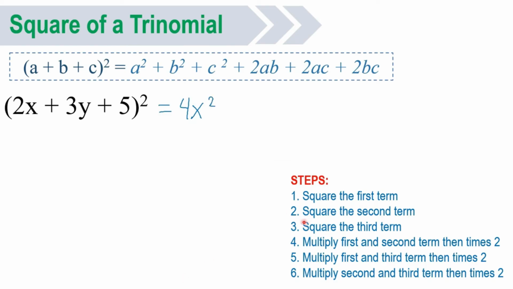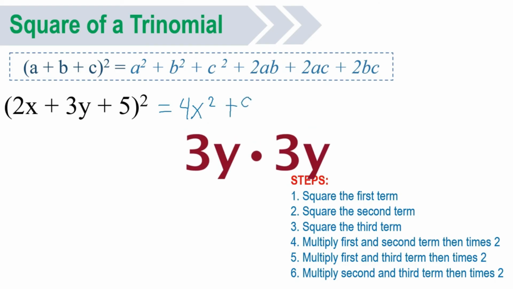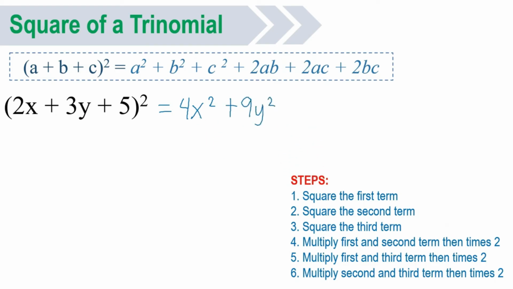Then, for the second step, square the second term. So we have 3y. 3y times 3y, it will become positive 9y squared. Third step, square the third term. So we have 5. 5 times 5, that will be 25.